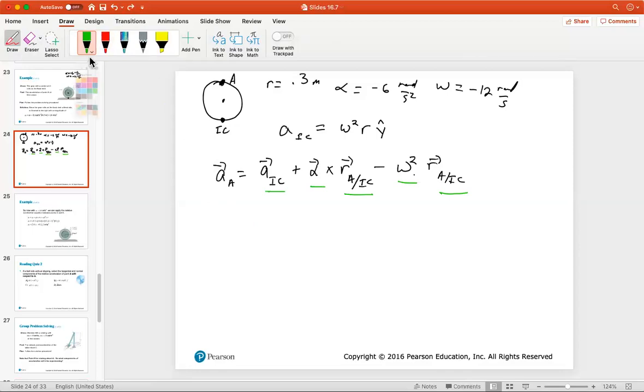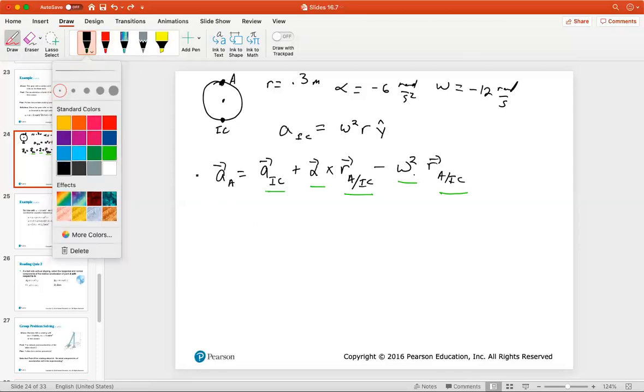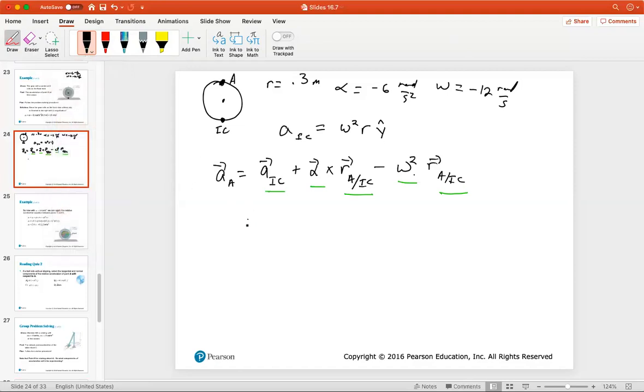So I can work this out, and I can simply say this becomes omega squared r in the y hat direction, plus, so think about it, this is in the y direction, this is in the z direction.